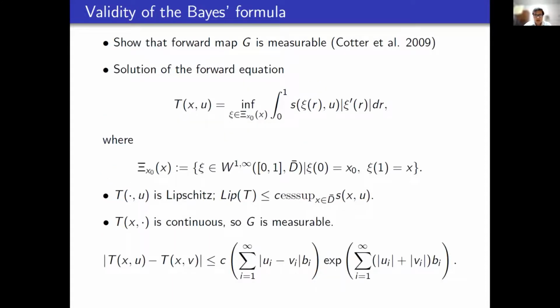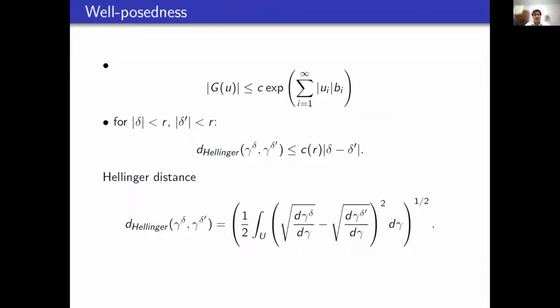And next we show the well-posedness for the posterior. So we can show this bound for the solution of the forward equation, which leads to the bound for the forward map G_U.